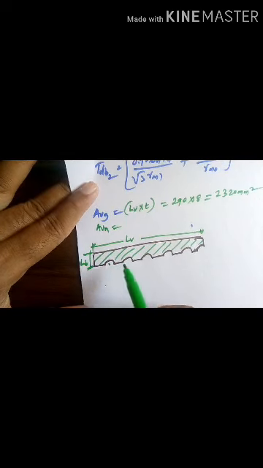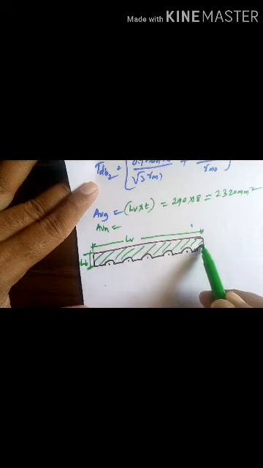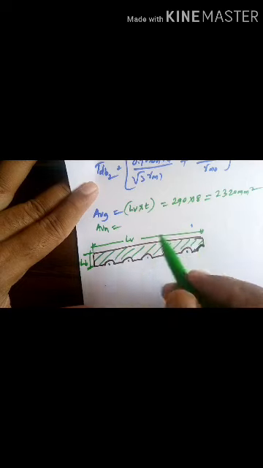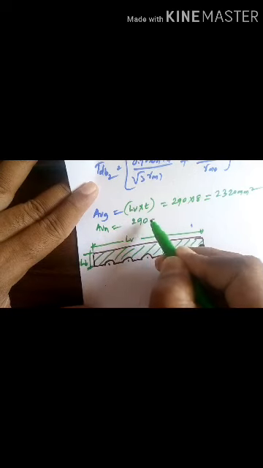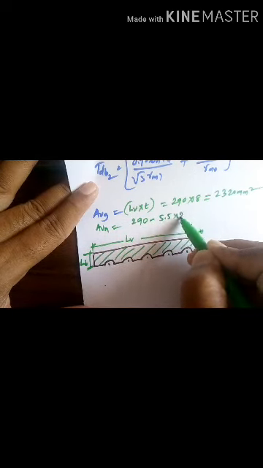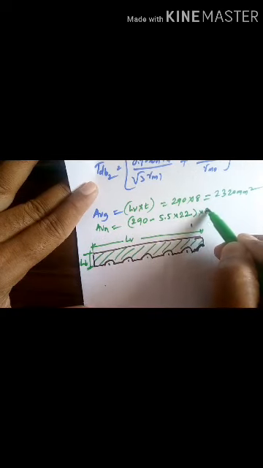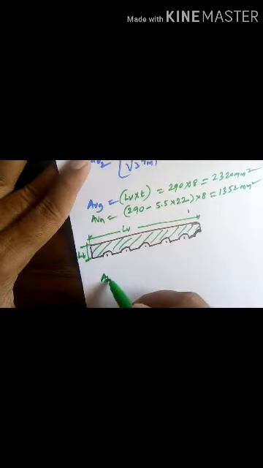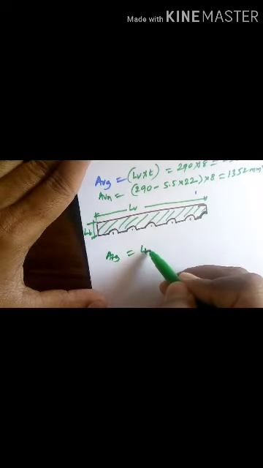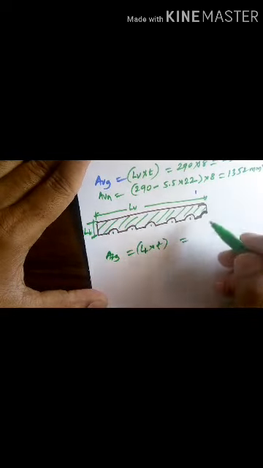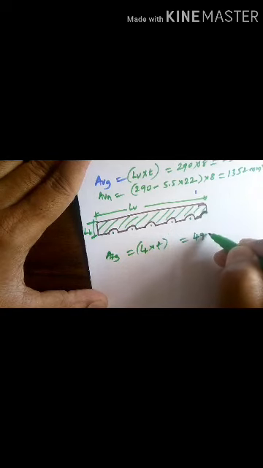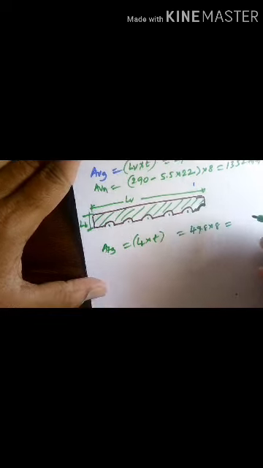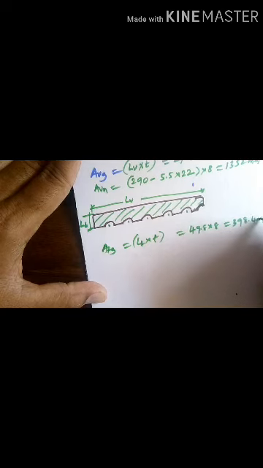Then Avn will be obtained by deducting the number of holes. How many holes? This is 1, 2, 3, 4, 5 and a half, as this one is only half cut. That is 290 minus 5.5 into 22 into 8, so you will get 1352 millimeter square. Similarly calculate Atg, tension area, Lt into thickness, that is 49.8 into 8, so you get 398.4 millimeter square.